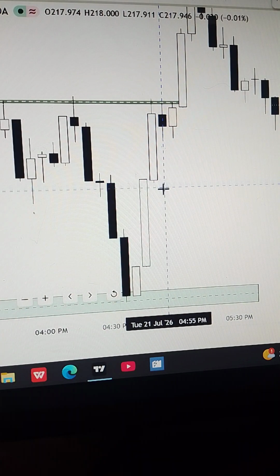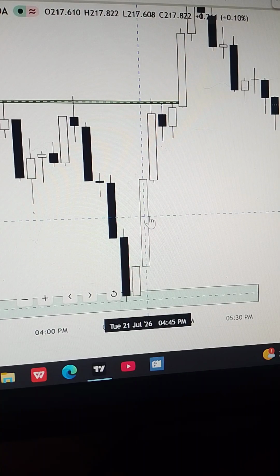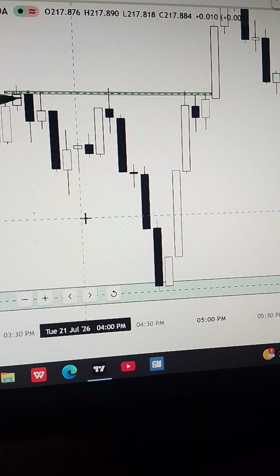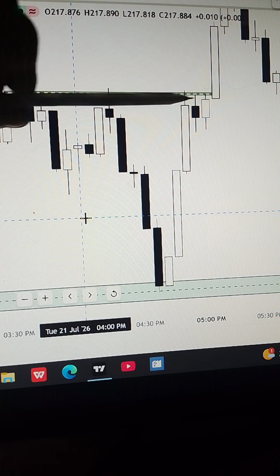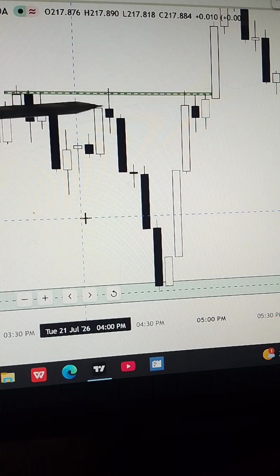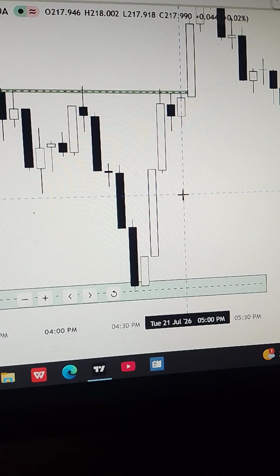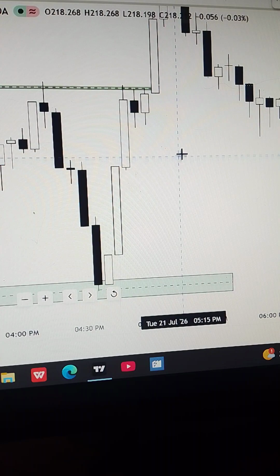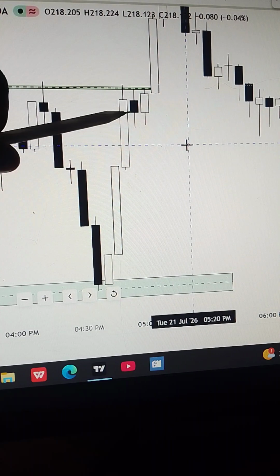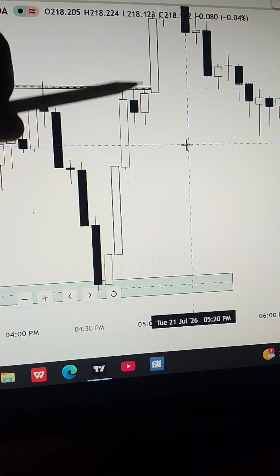Remember, we are using the support that is formed by two candlesticks. So we have this resistance here. So this is a major resistance. On a major resistance, we still have a minor resistance, a green followed by red.